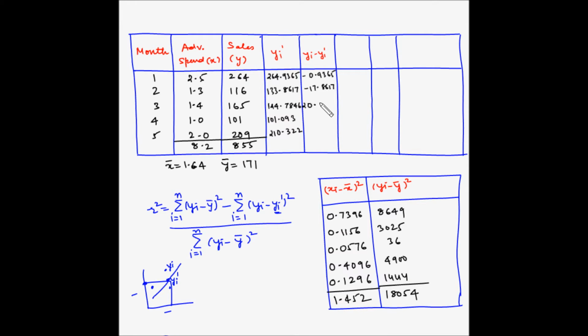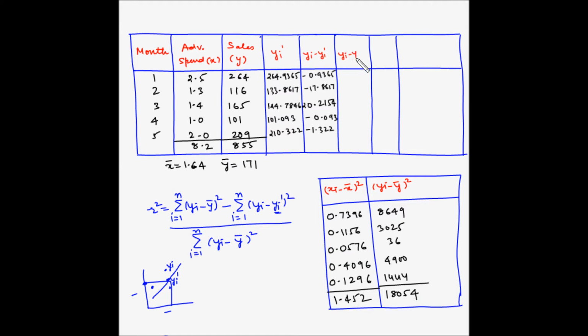So this is 20.2154. 101 minus 101.093, so this becomes minus 0.093. 209 minus 210.322, so this is minus 1.322. But we have to take the square of this, so we have to find the square value.